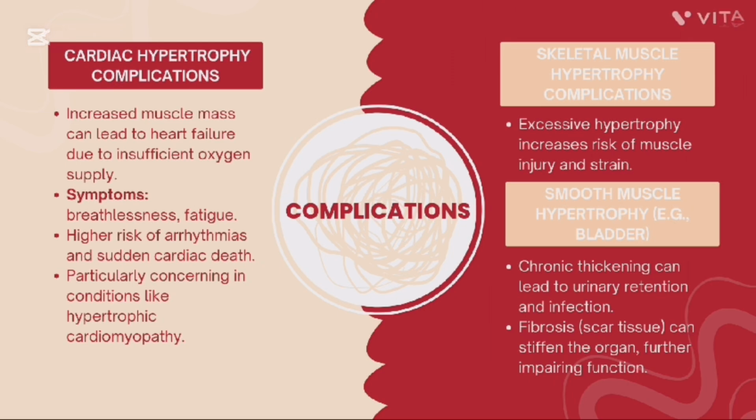Hypertrophy has the following complications. The first one is cardiac hypertrophy complication, which can lead to cardiac death. The second one is skeletal muscle hypertrophy, which is an increased risk of muscle injury or strain. And the third one is smooth muscle hypertrophy, which includes the bladder, which can lead to urinary retention.